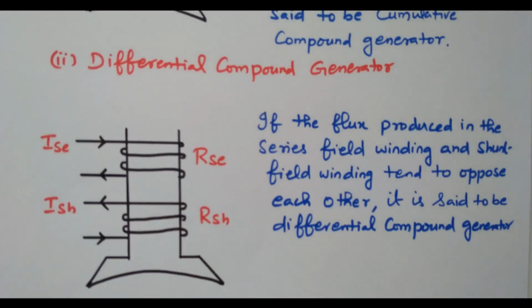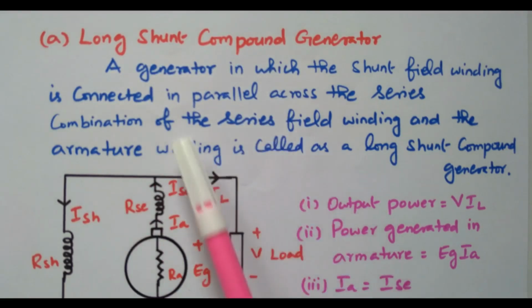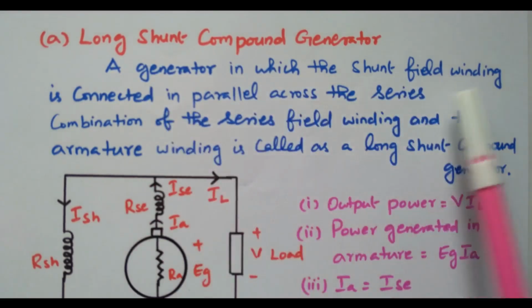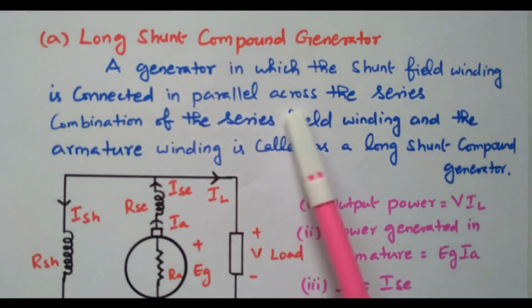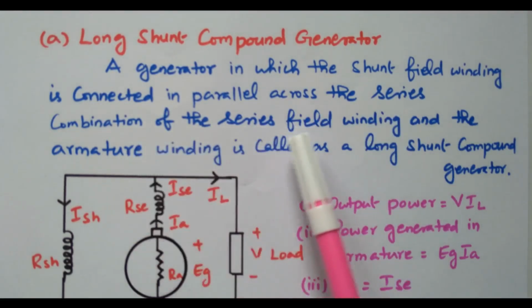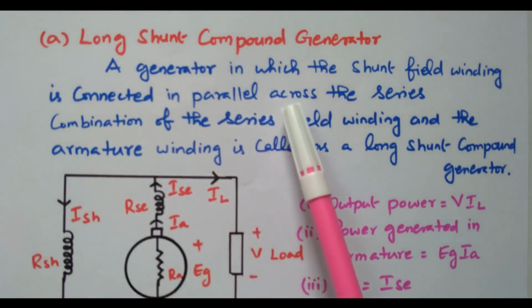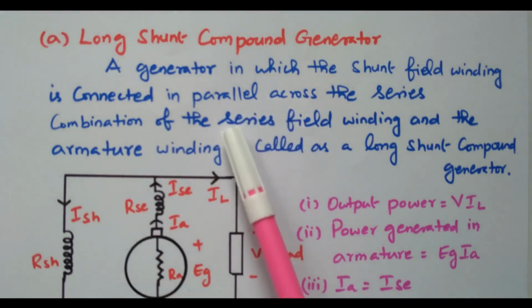Now we will go to the long shunt and short shunt. A long shunt compound generator means a generator in which the shunt field winding is connected in parallel across the series combination of the series field winding as well as the armature winding. Right? The shunt winding is connected across these two windings, so that is called a long shunt.